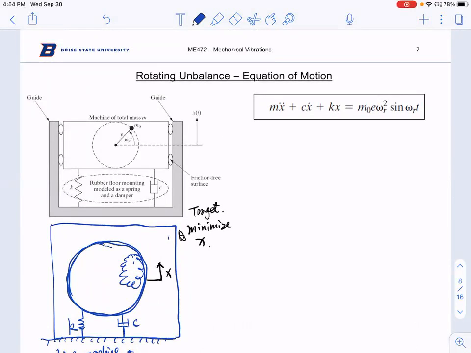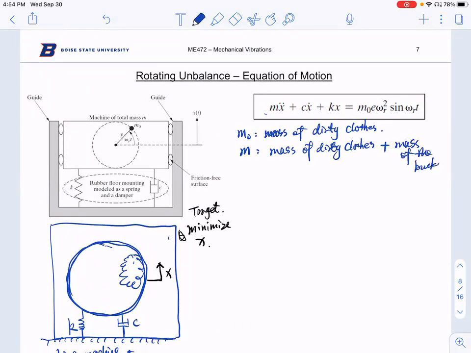So what we have is your M, C, and K. In this case, your M naught is the mass of dirty clothes, and then your big M is the mass of dirty clothes plus the mass of the bucket. So it actually includes both. Whatever is sitting on the mount is going to be the big M.